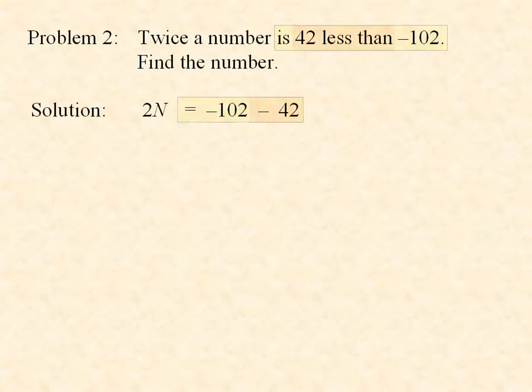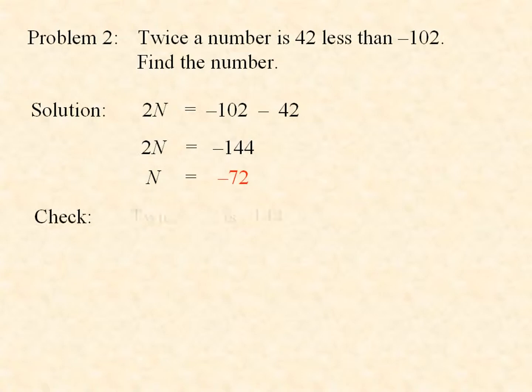You see, the 42 less than is what's subtracted. So we have 2n is negative 102 minus 42, or 2n is negative 144. Divide by 2, we find n is negative 72.